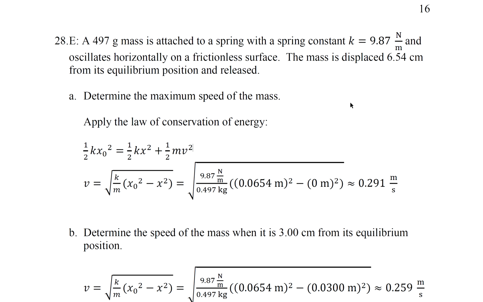Potential energy plus kinetic energy. So let's solve for v. We know x sub 0 is 6.54 centimeters. And we know x final is going to be 0 meters, because at 0 meters, that's when the object has a maximum speed. And just solve for v.